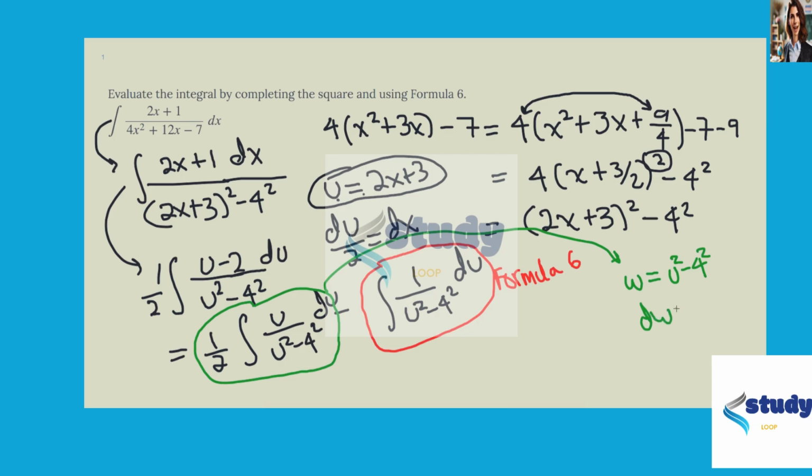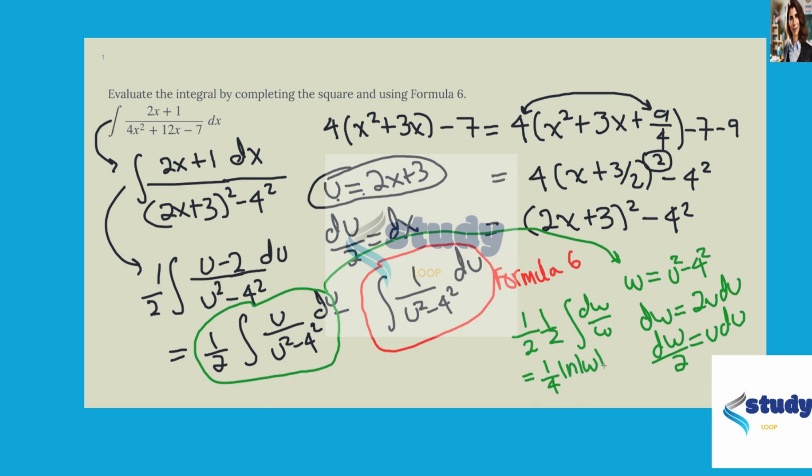Then dw is 2u du, so dw over 2 is u du. And this integral is 1/2, and then we have another 1/2 from this integral, dw over w. So we have 1 over 4 ln absolute value w.